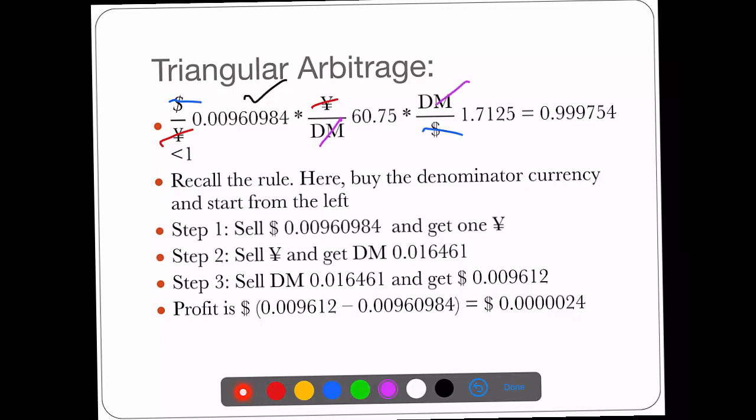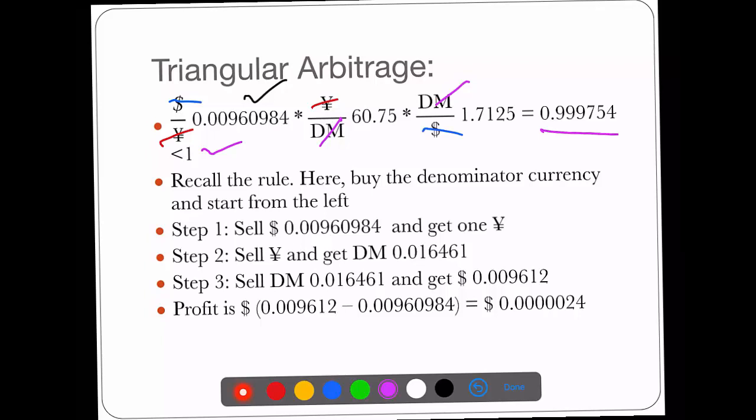All you end up getting is 0.999754, and we can see that this is less than 1. In that case, we have another rule. Here one currency will appreciate, so we will buy the denominator currency and start from the left.